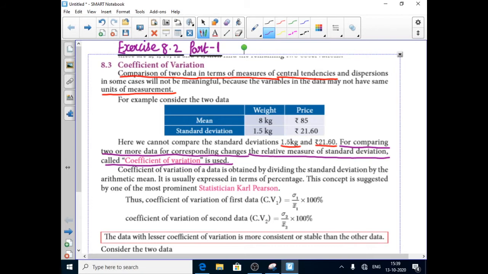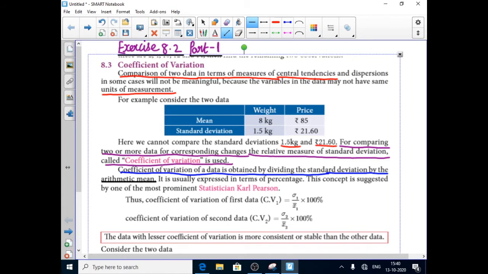How do we obtain it? The coefficient of variation of a data is obtained by dividing the standard deviation by the arithmetic mean, and it is expressed in terms of percentage.